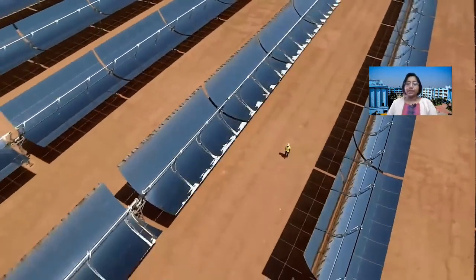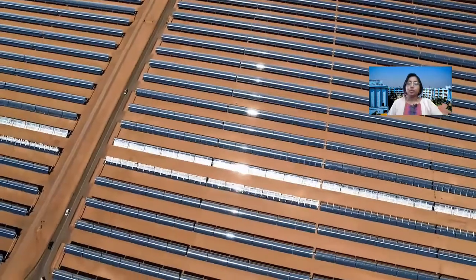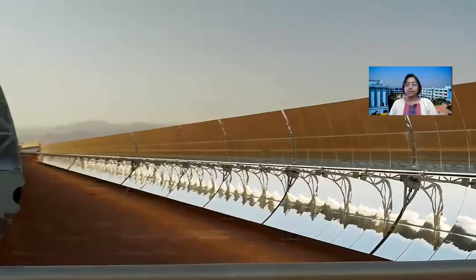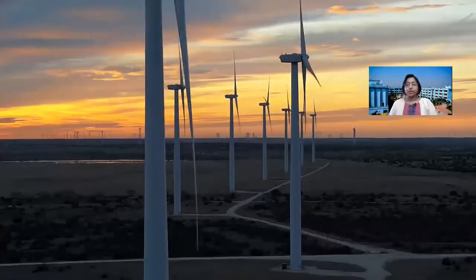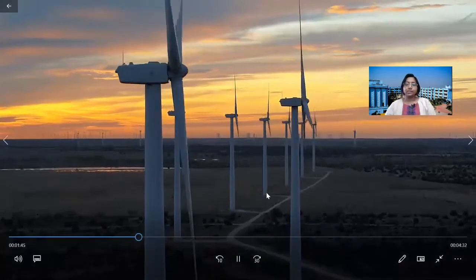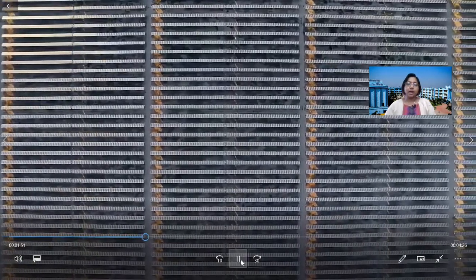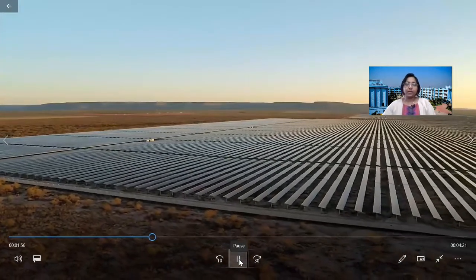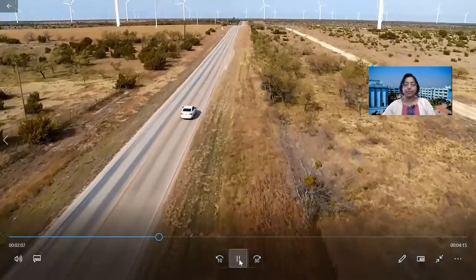So what can we do? We can use clean energy, that is solar energy or wind energy, wherever we get the scope, so that we can reduce the use of fossil fuel. We know that all the energy, like electric energy, is mainly created from fossil fuel, and fossil fuel is carbon based, so there will be carbon emission.